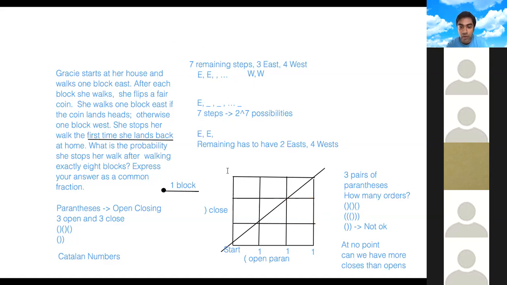So now let's think about how many ways there are to reach this point. This is 1 open and 1 close. So there's 1 way to reach here. And now we can just fill in the remaining following this idea. The number of ways to reach this point is this one plus this one. So this is 2.